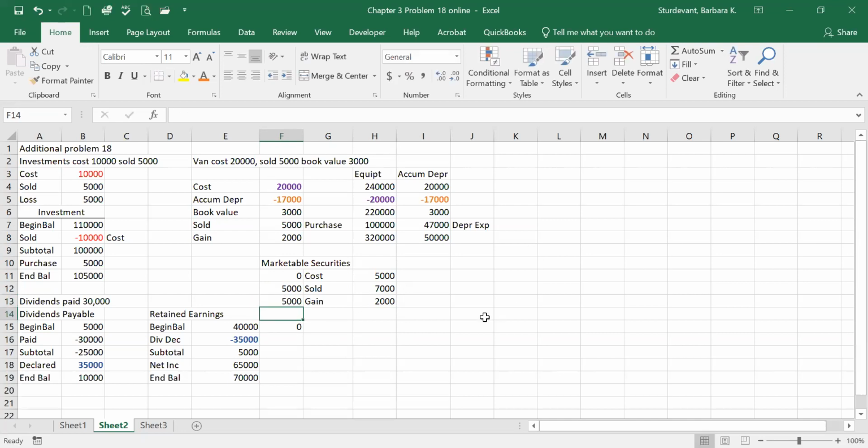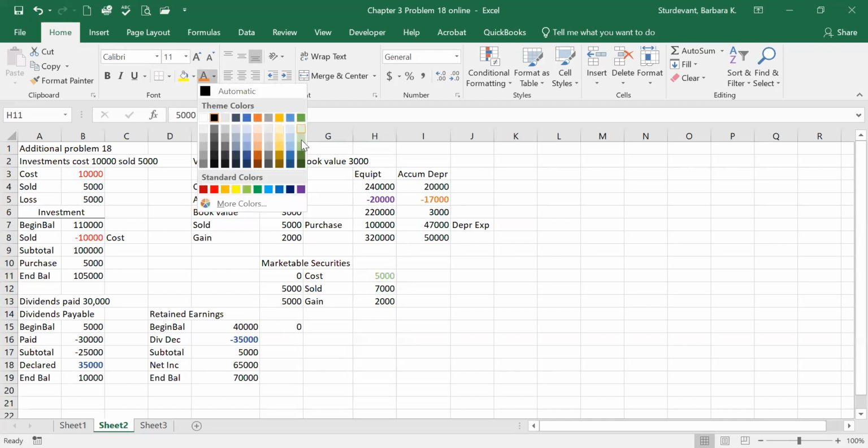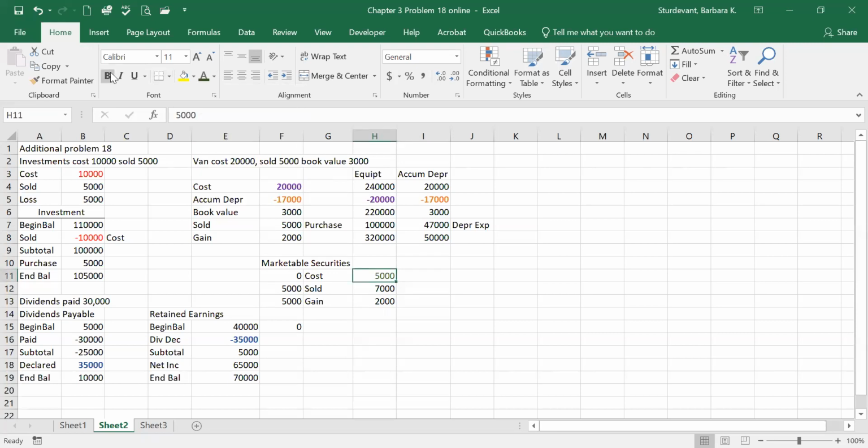We turned around and we sold them, so that the cost of what we sold was 5,000. And so we subtract off the cost of what we sold. This one may seem a little silly to you, but if you don't put it in, your cash flow is not going to work.